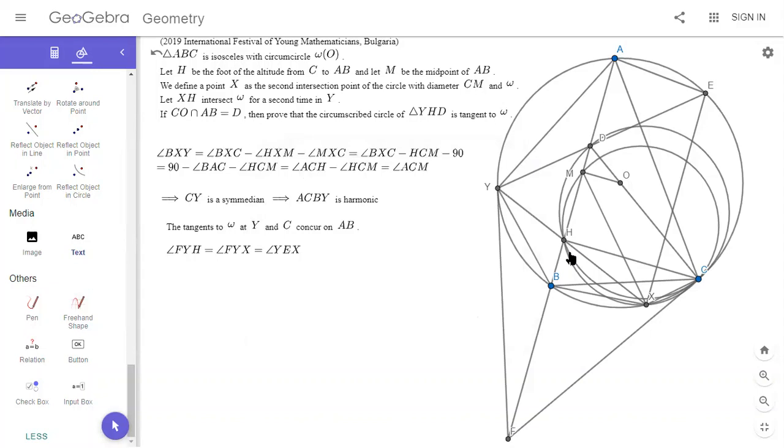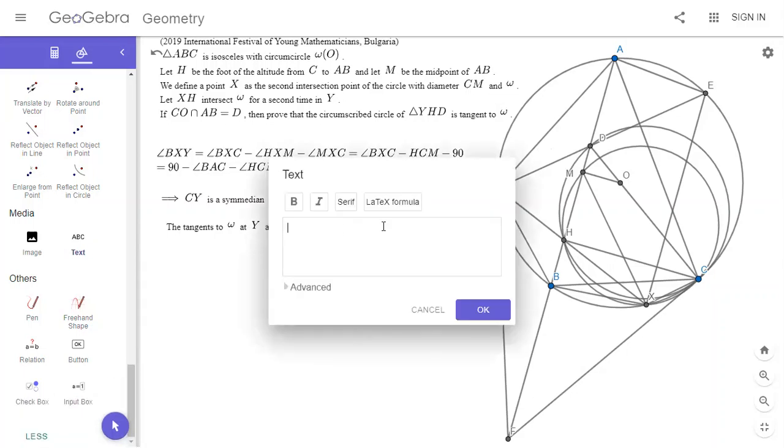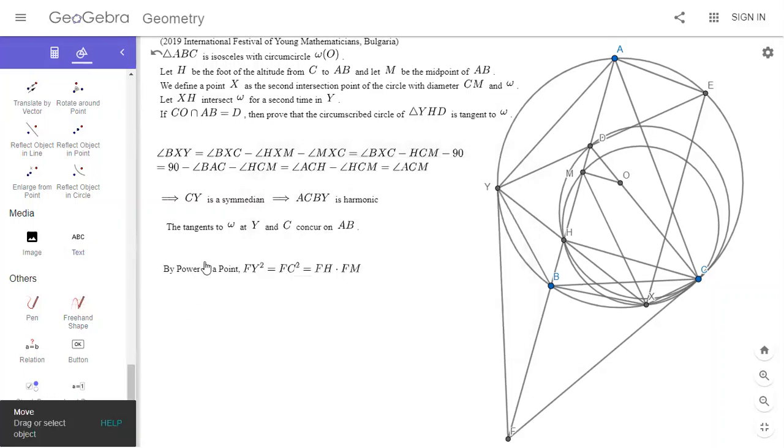Now I'm confused. Right, so didn't you say that this finished off the problem? I forget how. Oh, we want to show FY squared is FH times FD. Oh, it's power of a point. Okay. So we have FY squared is equal to FC squared is equal to FH times FM. So all right.